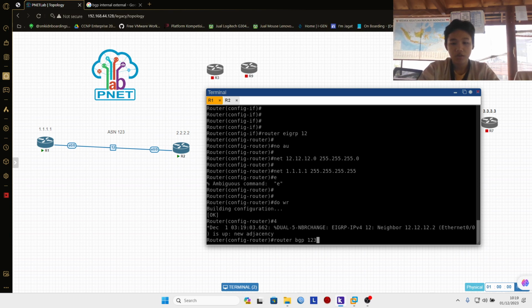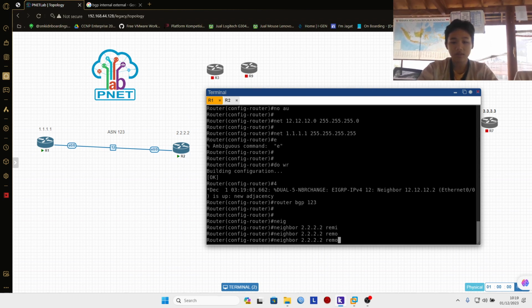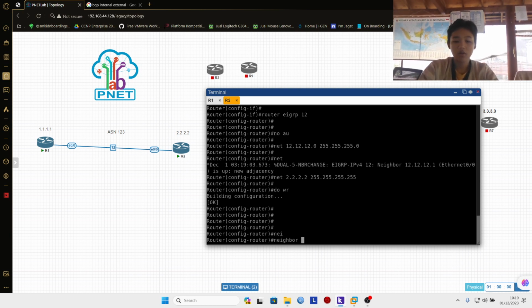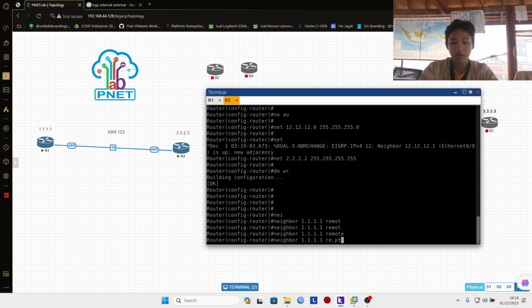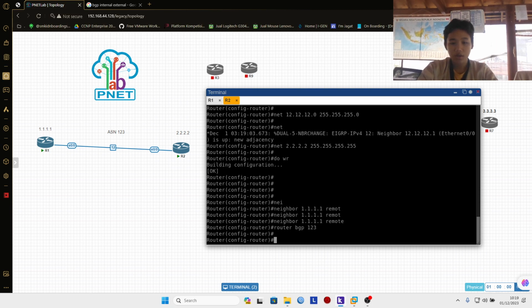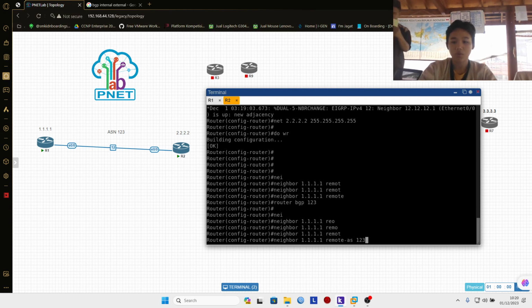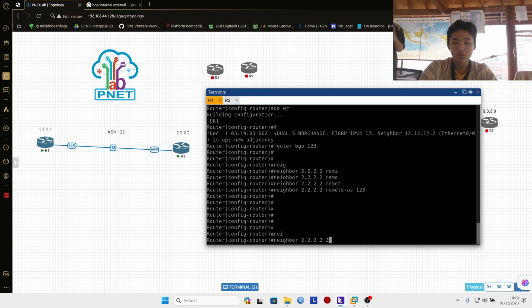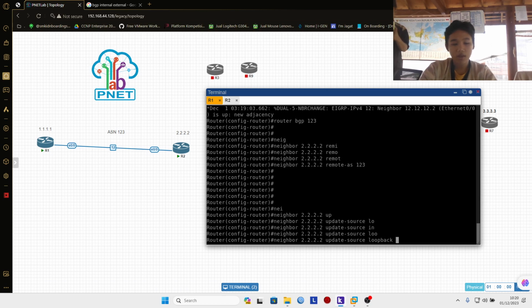Router BGP 123, neighbor 2.2.2.2 remote-as 123, done. Then neighbor 2.2.2.2 update-source loopback 0. Do the same thing on the other router: neighbor 1.1.1.1 update-source loopback 0.